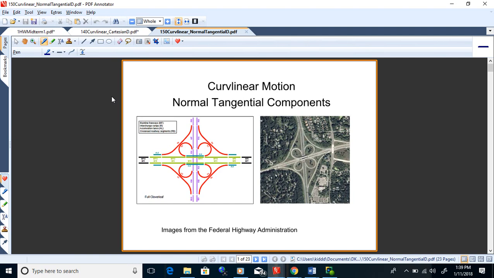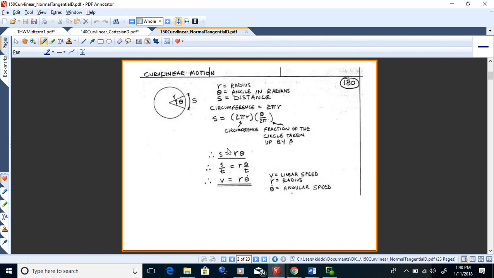So here's another set of coordinates. I don't know if you've worked with these yet. They're called normal tangential coordinates. So why don't we have a look at that? Let's just look at some simple rotation here.